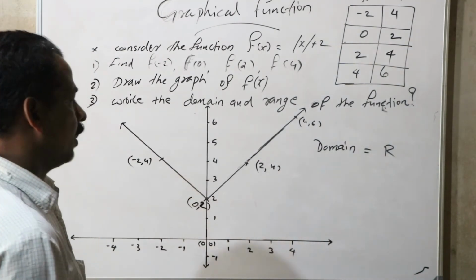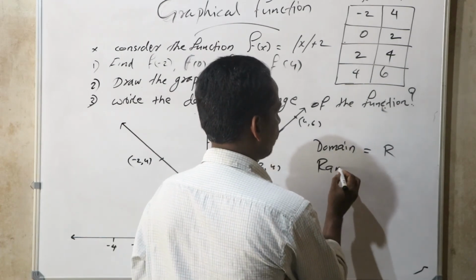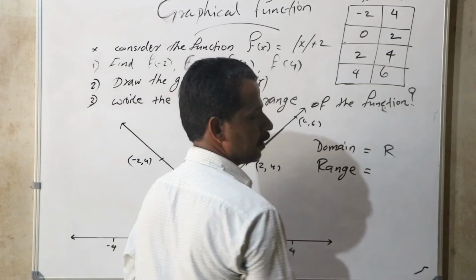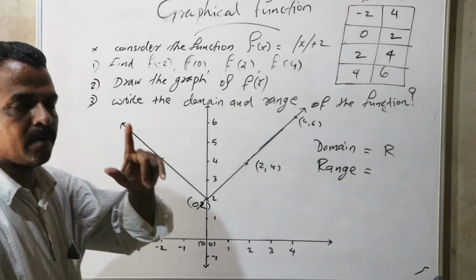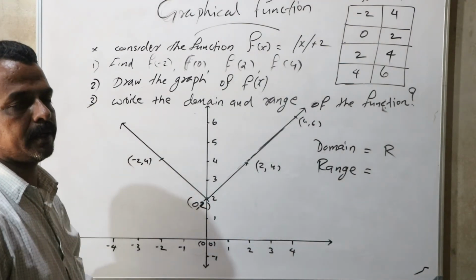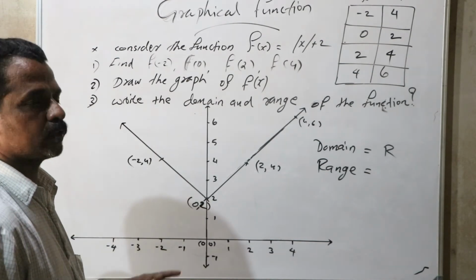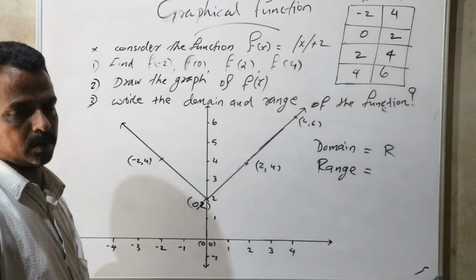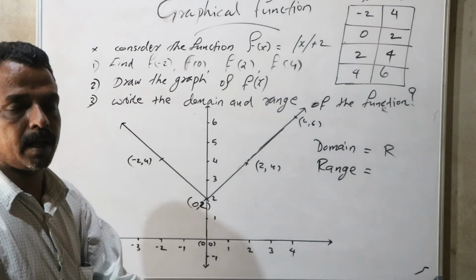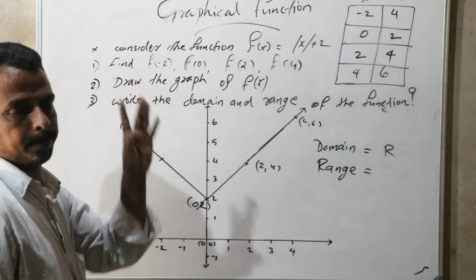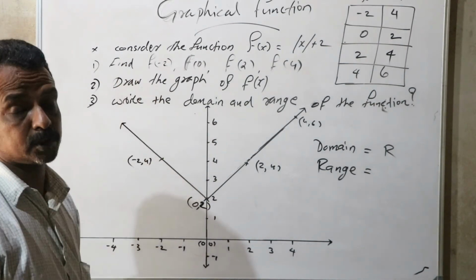Okay. Range of the function: we must consider the y-axis. According to the y-axis, the graphical line goes up or down. Here, the graphical line goes only up from 2, including 2.